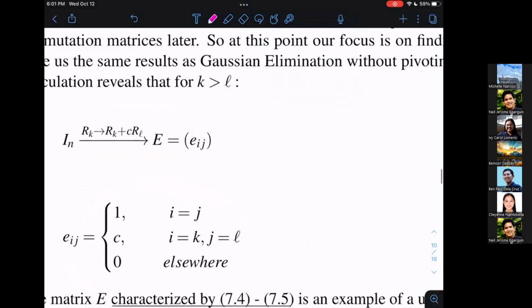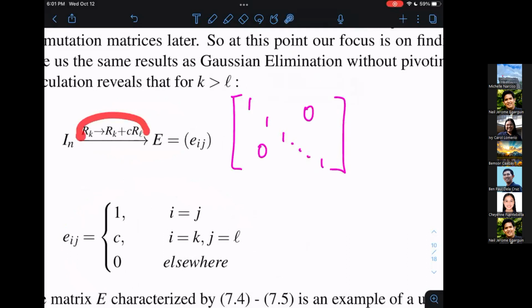So, start ako sa identity matrix. 1, 1, 1, 1 siya lahat. Tapos 0. Tapos pag ginawa ko, yung kth row ay pinalitan ko ng kth row plus the lth row times c. So, halimbawa, ito yung kth row. Tapos, halimbawa, ito yung lth row lang kunwari.